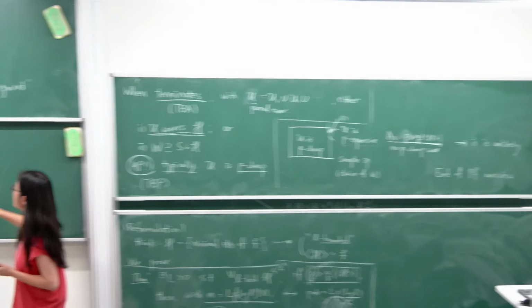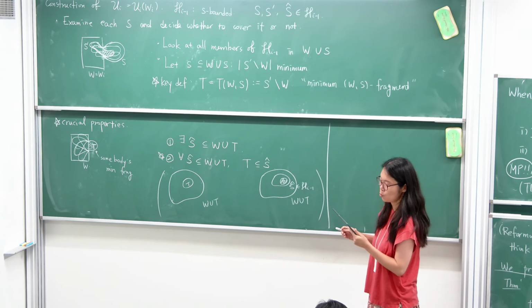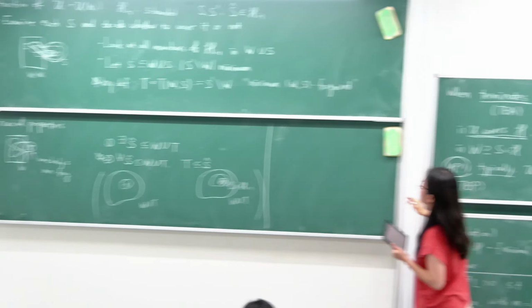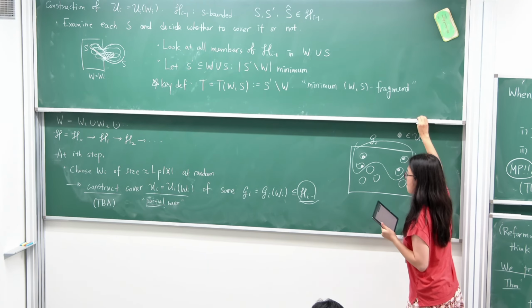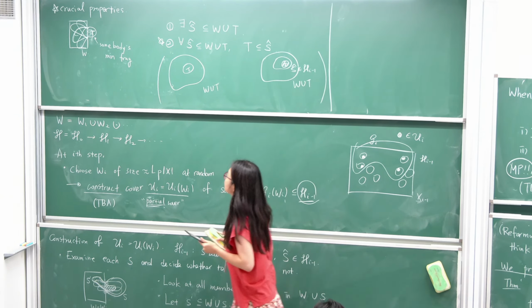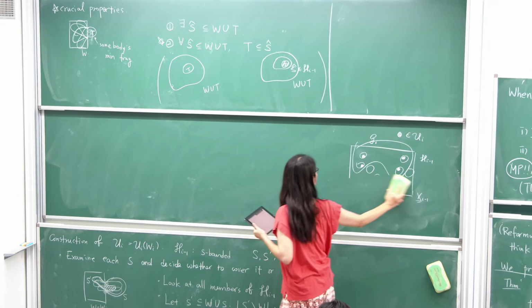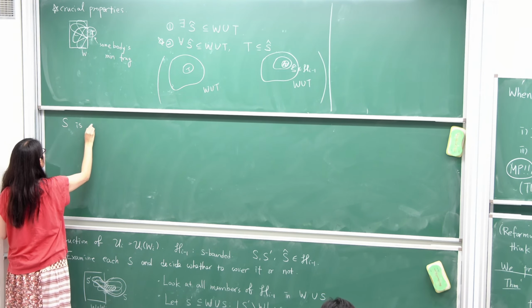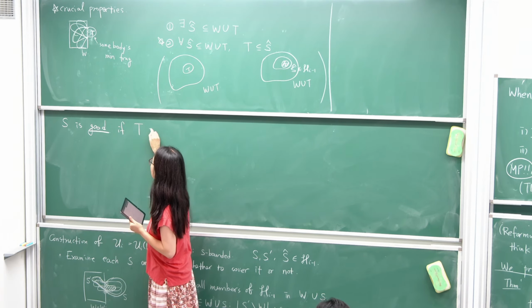Okay, so we are still constructing a cover. Then how do we decide whether we want to cover S or not? We say S is good if T is large.